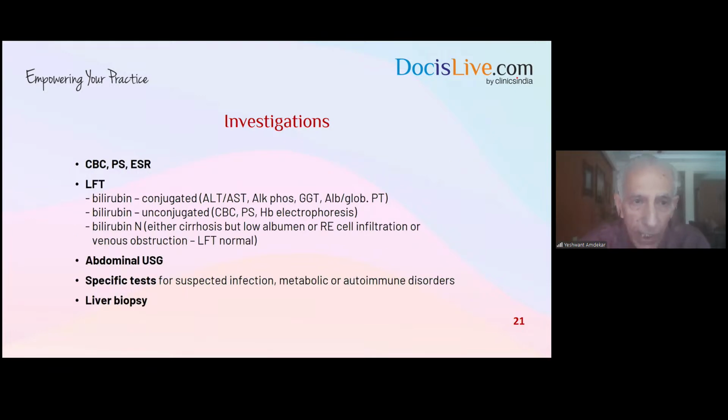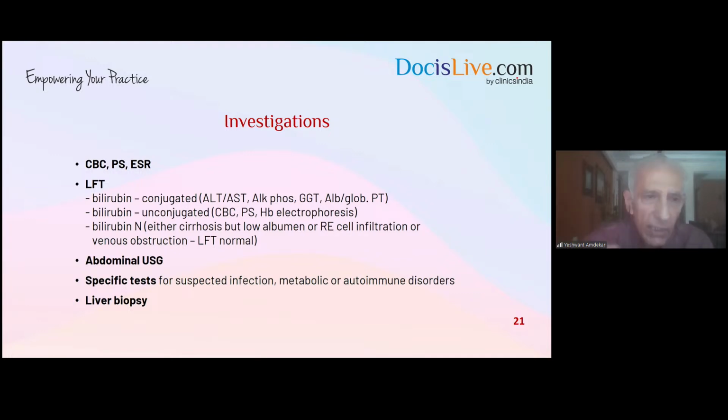I spent a lot of time because I thought investigations are simple to decide once you have a clinical probable diagnosis. And you know all these tests. If it's an infection, you can look at IgM HAV for hepatitis A. You can look at typhoid, etc. If it's autoimmune, you can test antibodies.